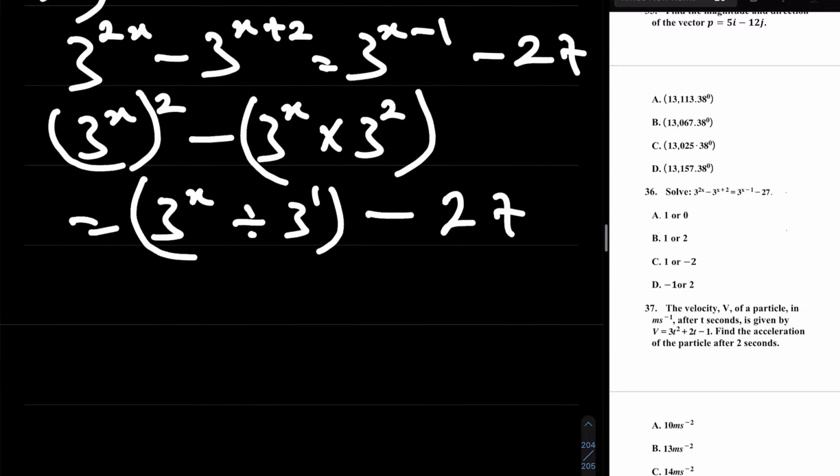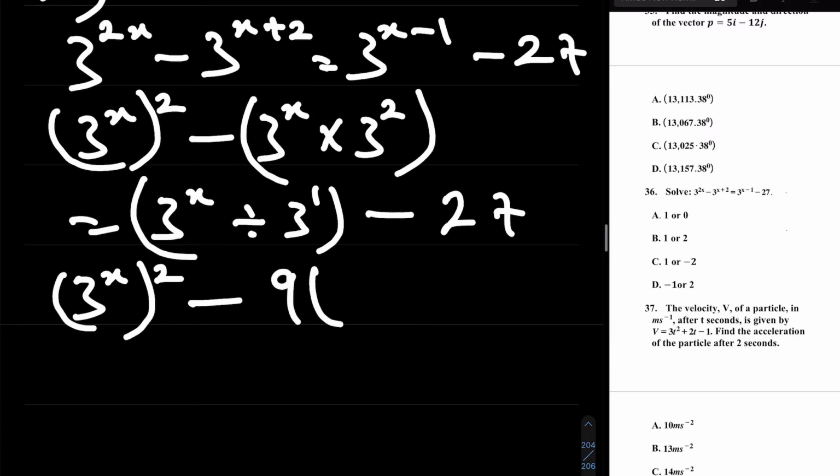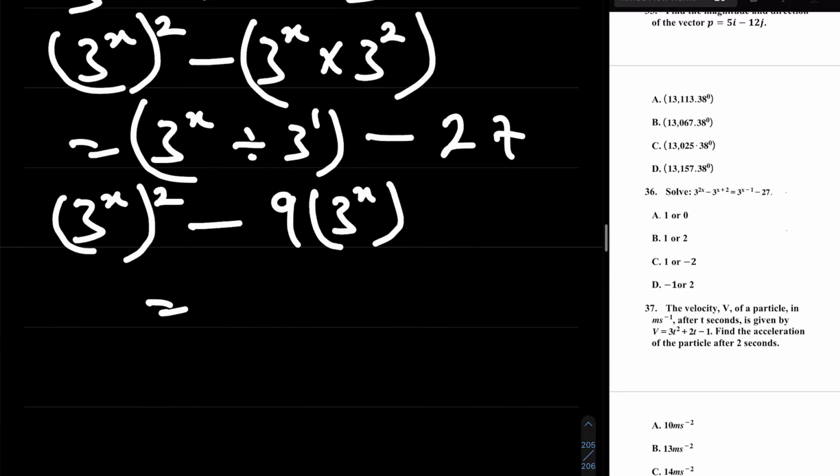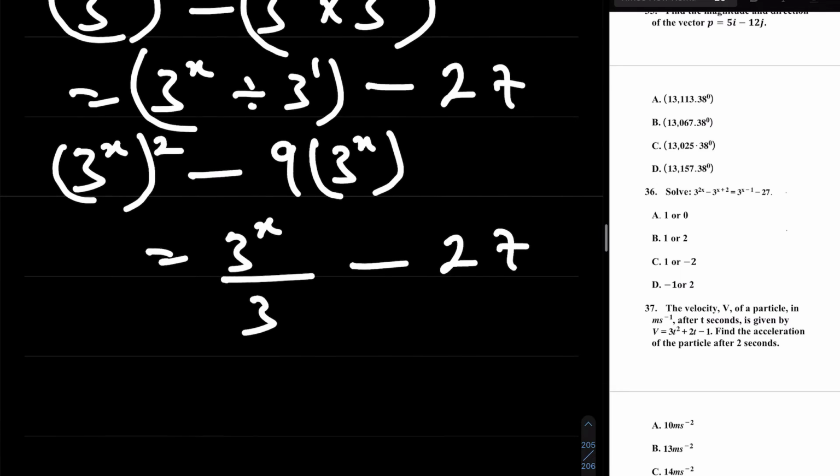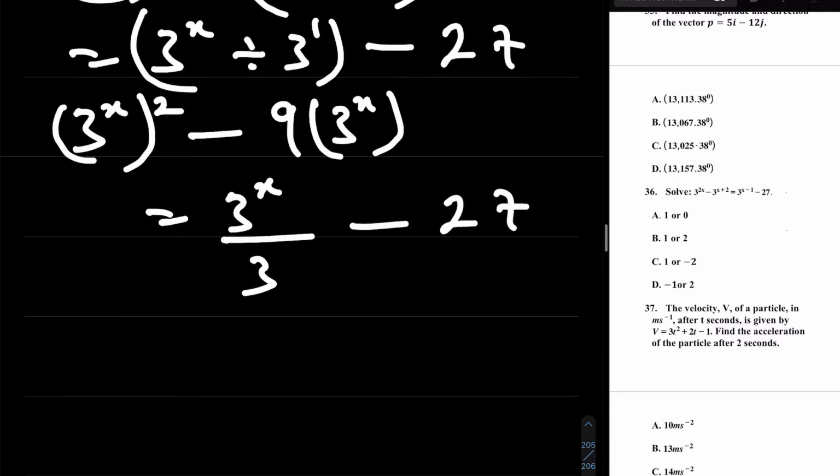So I can write this as 3 raised to the power x all squared minus 9 times 3 raised to the power x equals 3 raised to the power x all over 3 minus 27.